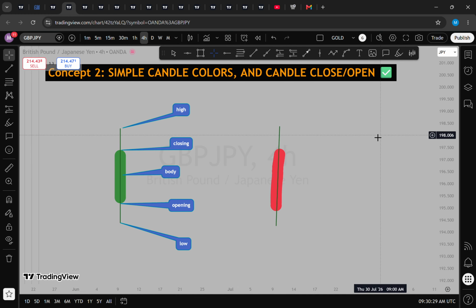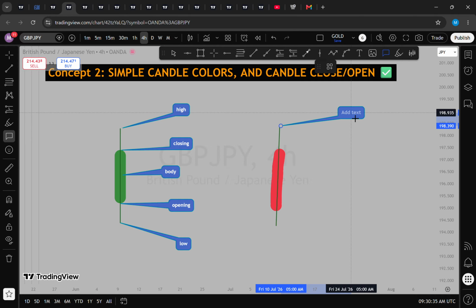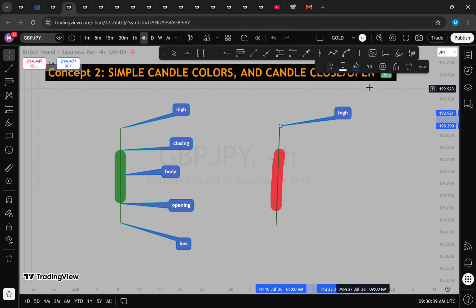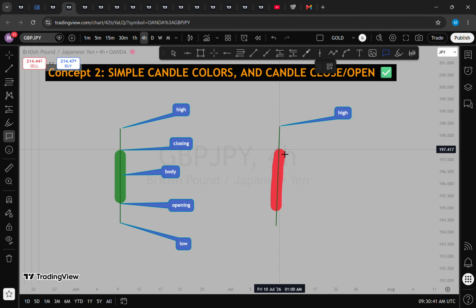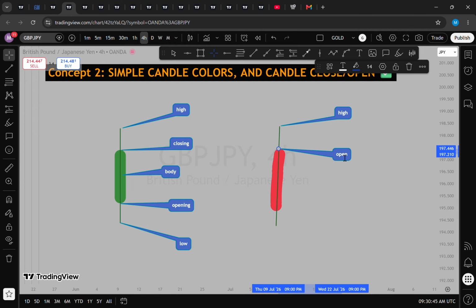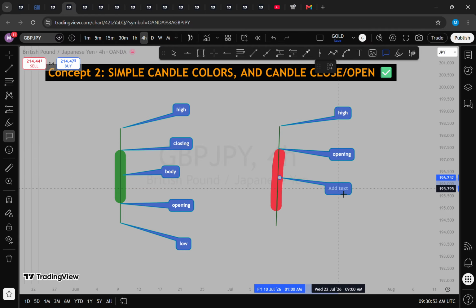Let's label the bearish candle. This is the high of the bearish candle, and this is the opening of the bearish candle.